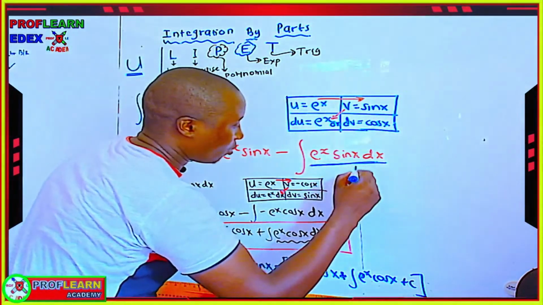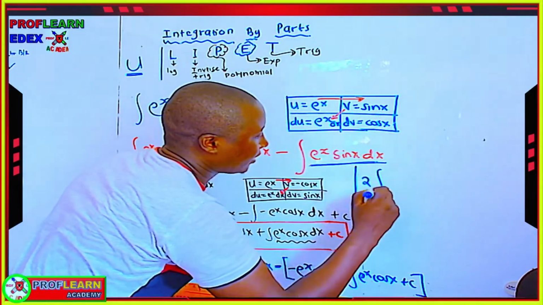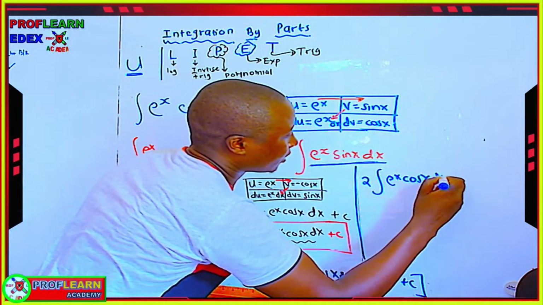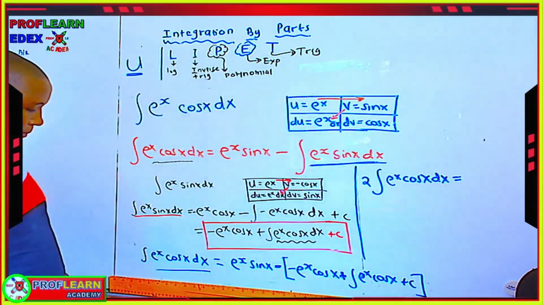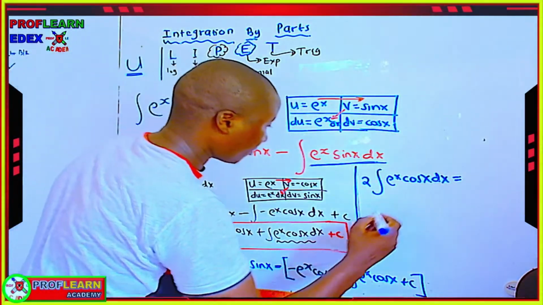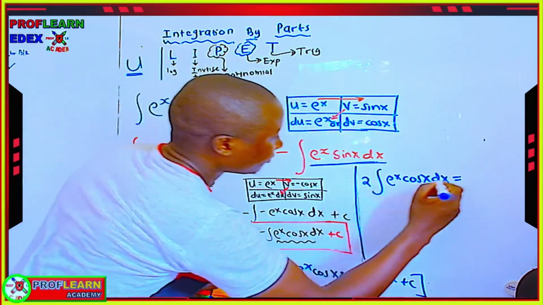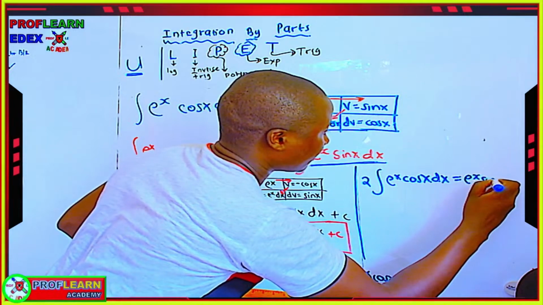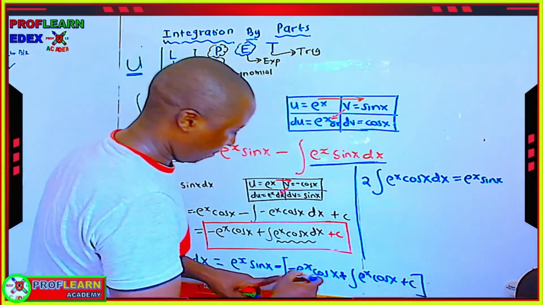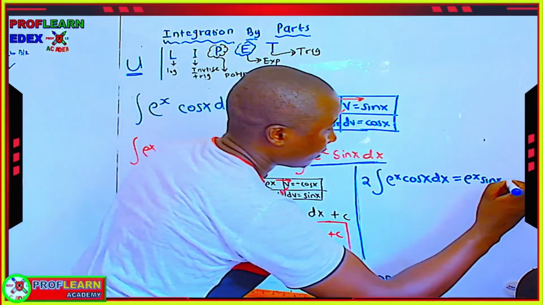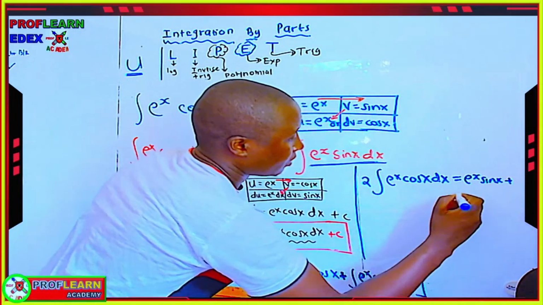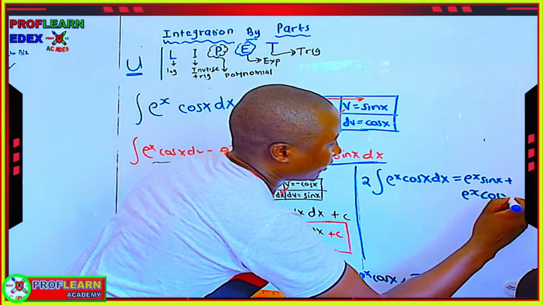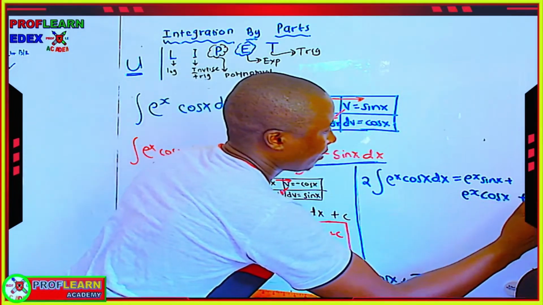So meaning that we shall have two integrals of e^x cos x with respect to x, which is equals to e^x sin x plus, because this and this will be plus, e^x cos x, then we shall say plus c.